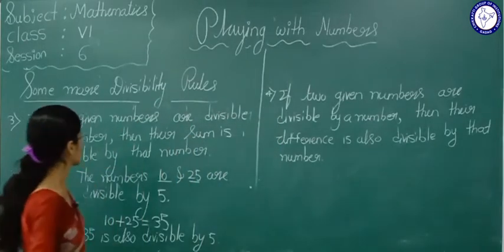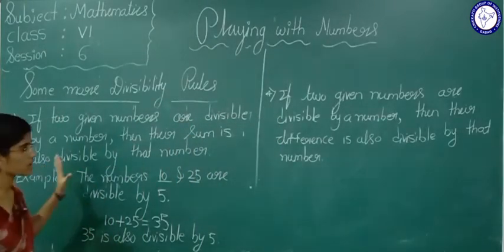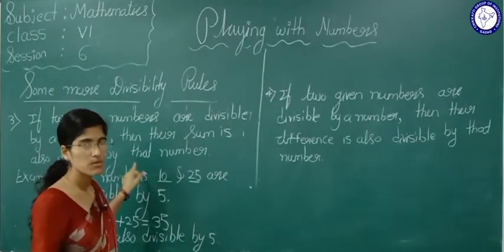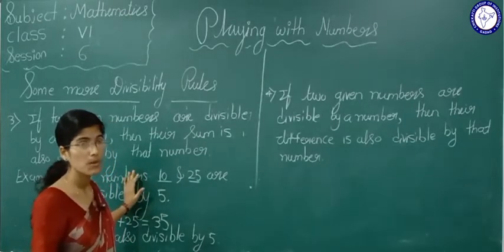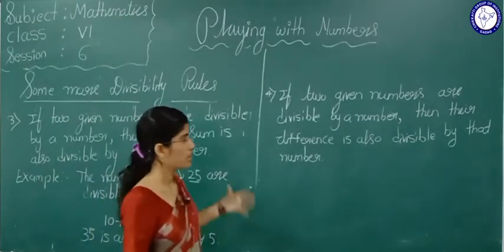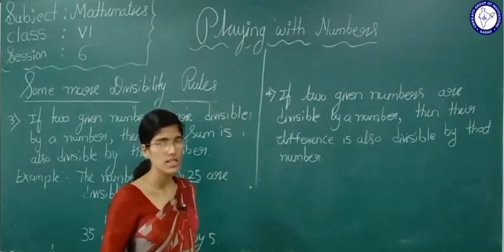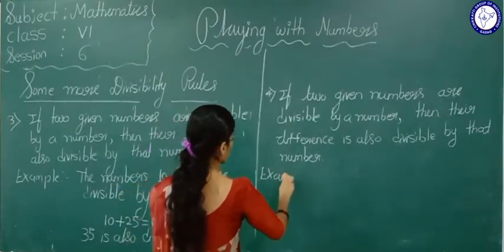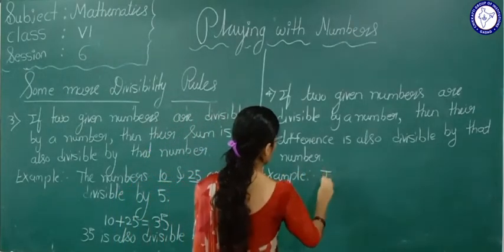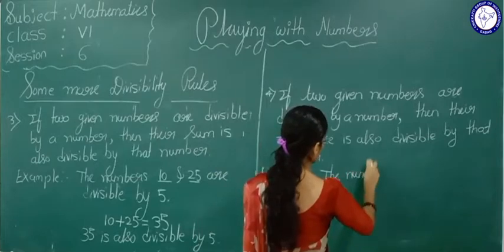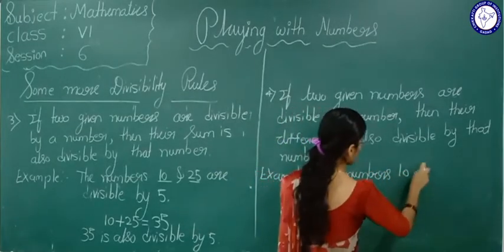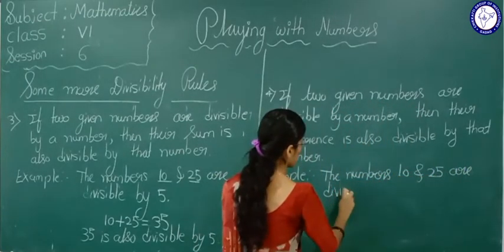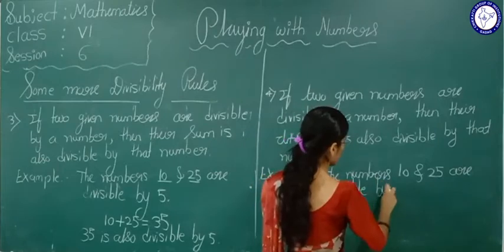Now see here, the only difference between rule number 3 and rule number 4 is this: if two given numbers are divisible by a number, then the sum of the two numbers is also divisible by the given number. Where sum is there, here difference is there, that's all. Now the same example I will take here. The numbers 10 and 25 are divisible by 5.